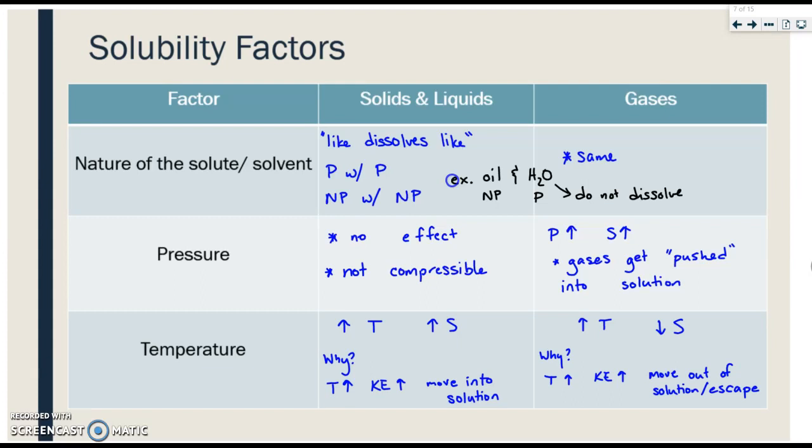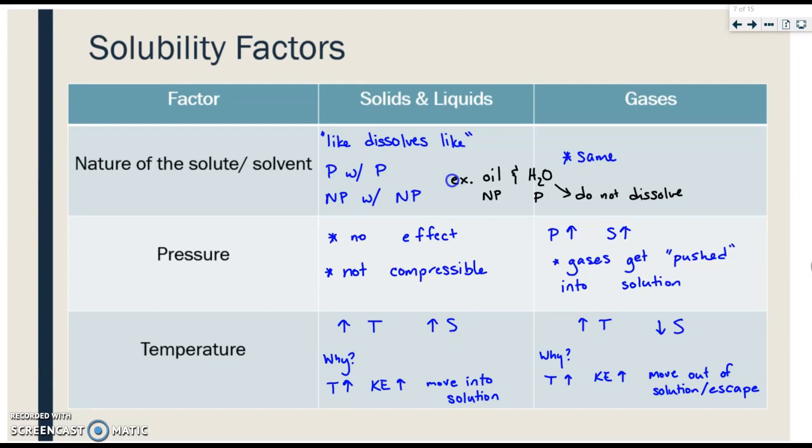That's because they're different. However, something like salt and water, salt is ionic, which means it's the most polar it could possibly be, and water is polar, they dissolve. And if we put oil into something like hexane, which is a nonpolar substance, it would dissolve.